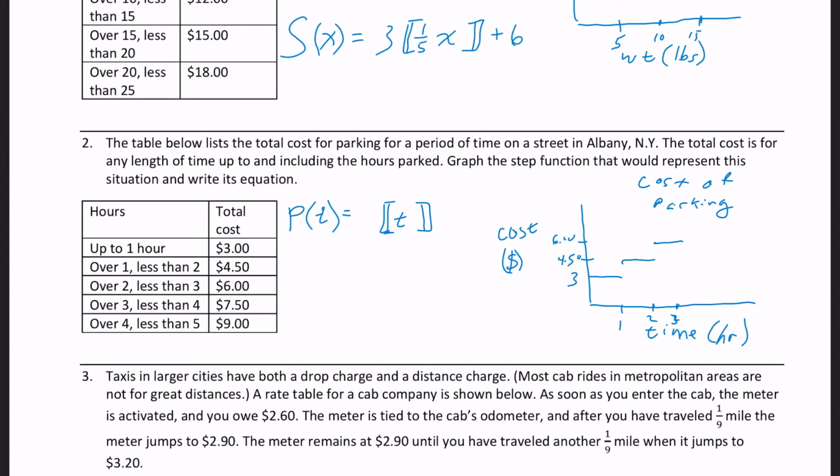So just integer function of T. It's got an upshift of 3, and when it jumps, it jumps 1.5 times bigger than a normal jump. So I'll use a 1.5. And then that's the function.